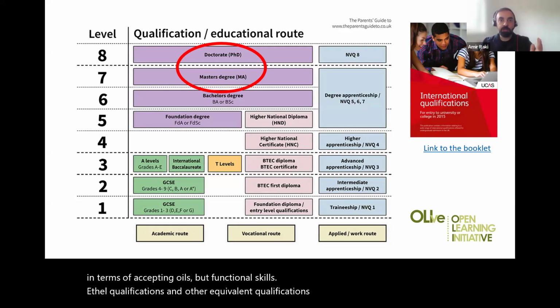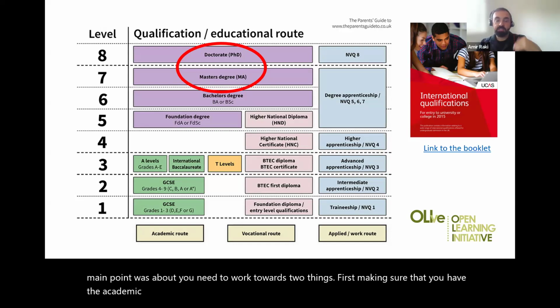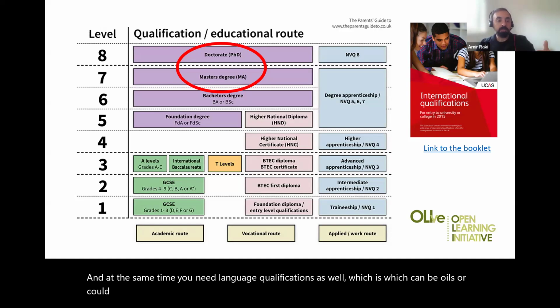So, if you remember, the main point was that you need to work towards two things. First, making sure that you have the academic qualifications, whether it's a high school diploma, college courses, or college diploma, and at the same time, you need language qualifications as well, which can be IELTS or other equivalent qualifications, which show you can speak English or your level of English is about IELTS 6.5.